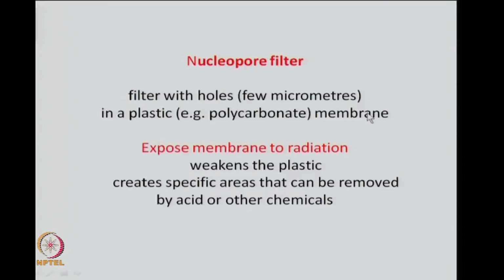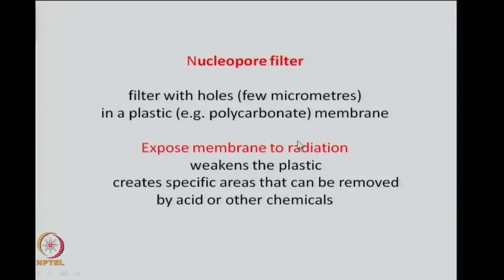So, how do you create these holes? You expose the membrane to radiation, and that radiation weakens the plastic, and then you add certain chemicals or acid which can remove or make holes in those specific areas which are weakened by the radiation.